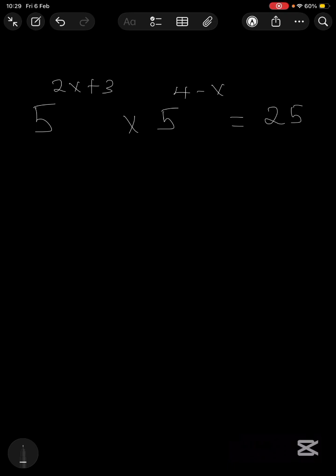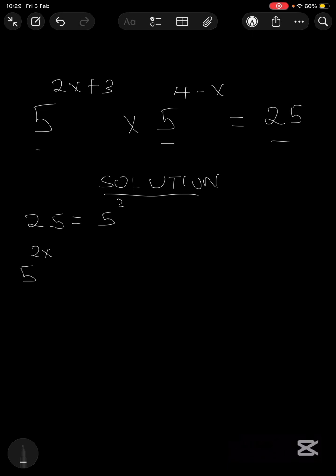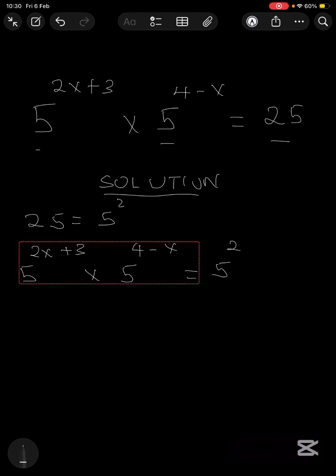Step 1. Can you ensure the base is the same? As you can see, this is 5, 5 and 25. 25, we can write it as 5 power 2. I substitute. So it is 5 power 2x plus 3 times 5 power 4 minus x is equals to 5 power 2.